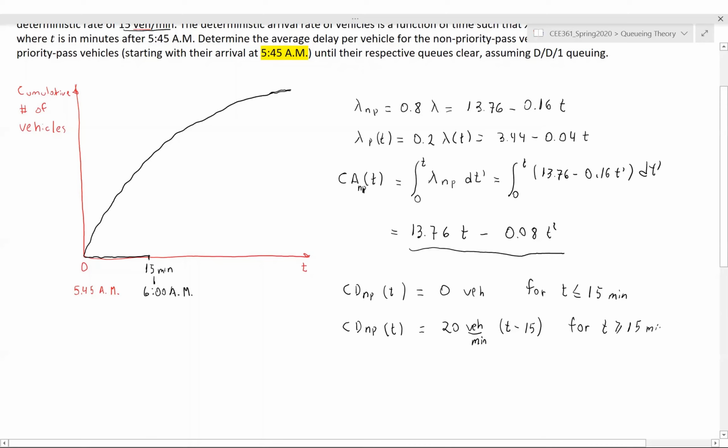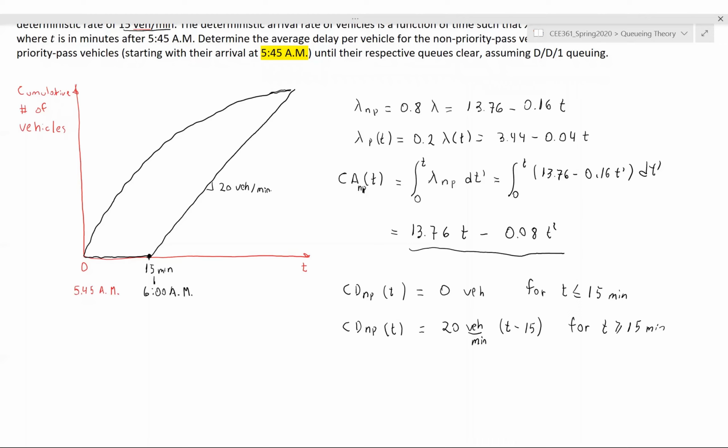It's the equation of a straight line: at this point it's 0, and then it increases with a slope of 20 vehicles per minute.